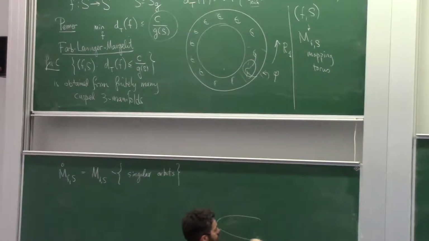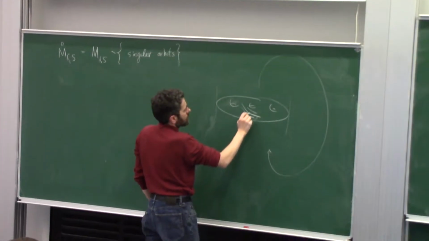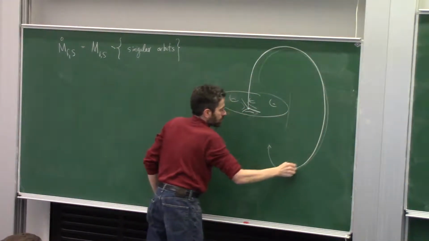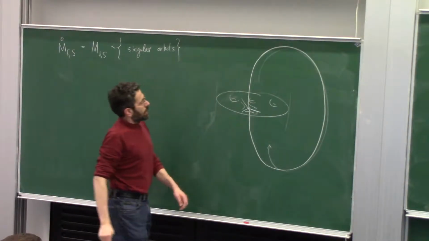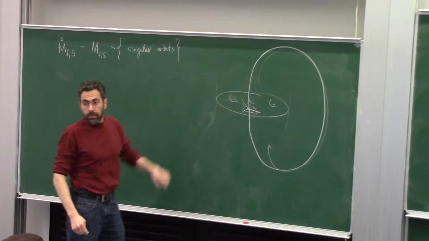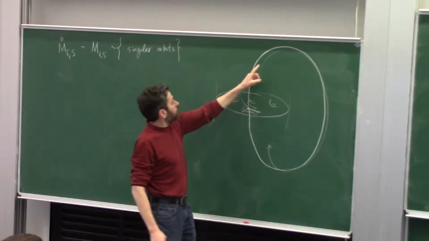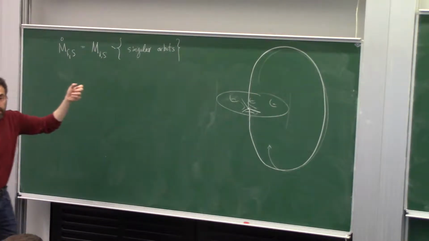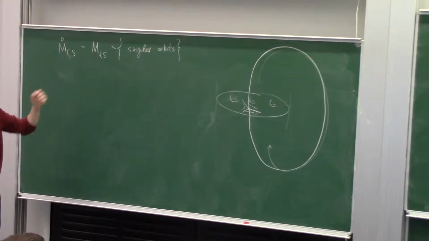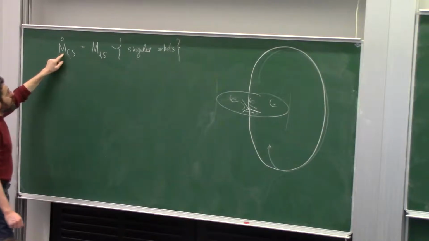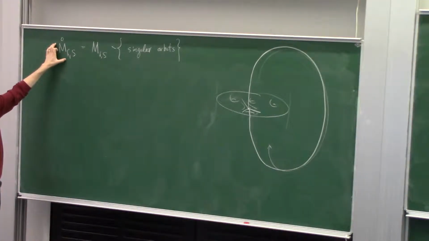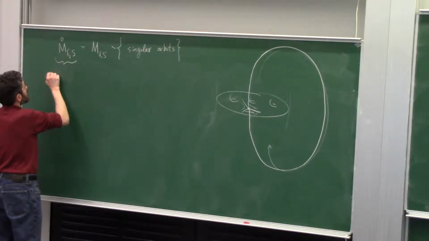If you realize the pseudo-Anosov on the surface with its usual picture with the quadratic differential, it has these singular points, and then when you take the mapping torus, these points travel around in loops, maybe more than once. So there's a finite number of singular loops. If you delete them from the manifold, you get a manifold with cusps, or a manifold whose compact core has torus boundary components, and that's this thing. And so there's finitely many of these. Okay, that's the point. So this is a finite set.